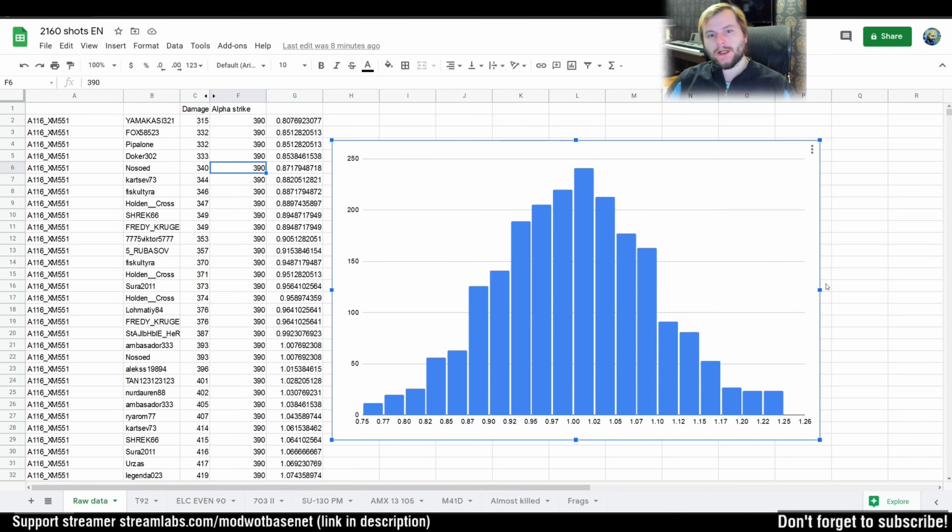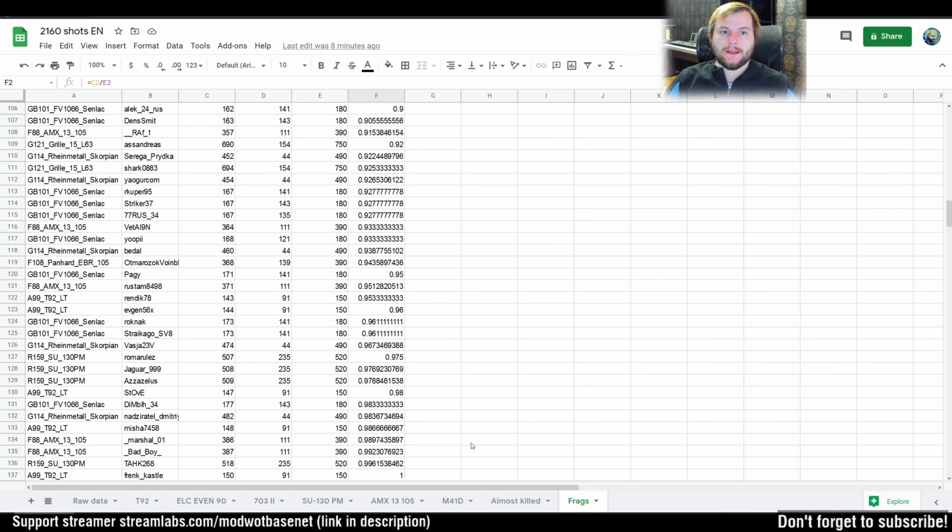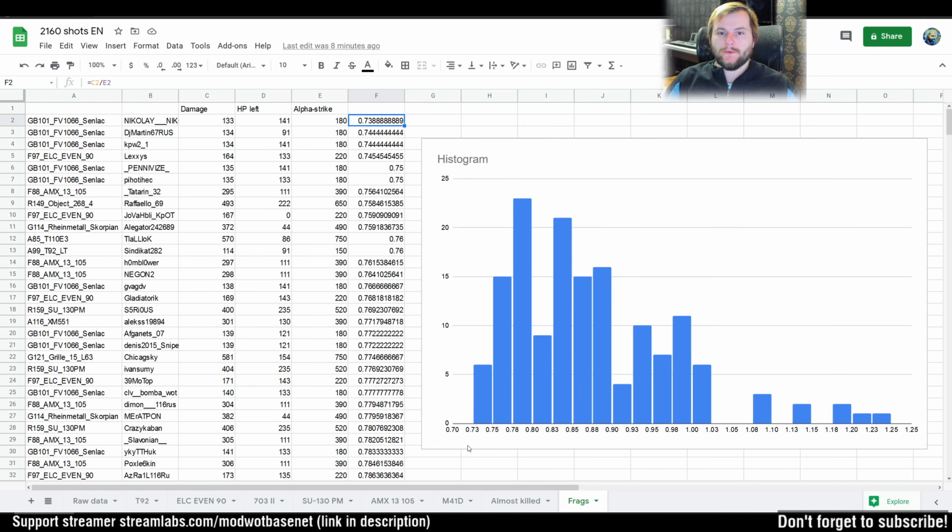But if we try to look a bit deeper, and when we look here, what do we see? So what does all this data mean? This is damage I made with my tank.